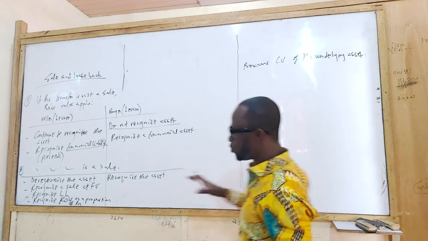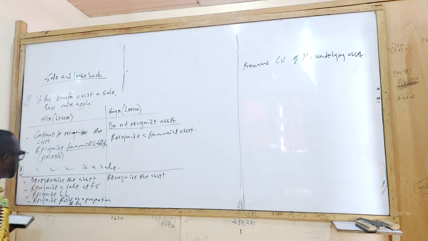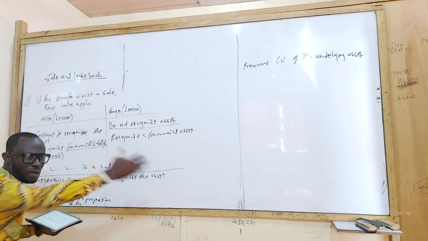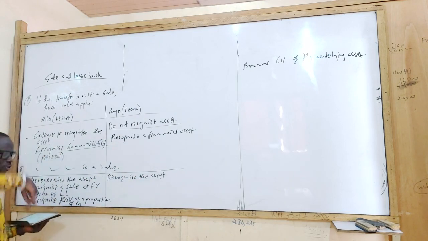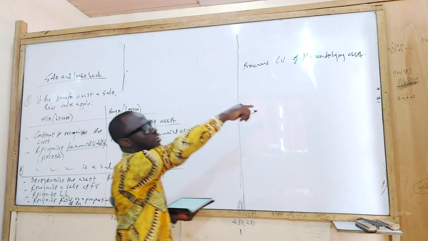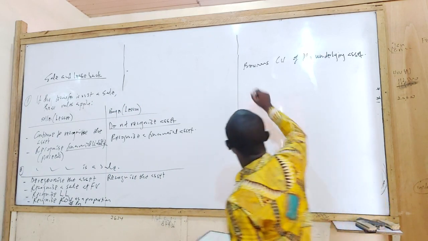This is the workings we'll be doing, and you've got to make sure you get it. Traditionally, we would have just recognized lease liability and recognized what? A right of use. But if it goes into sale and leaseback, and the company sells the assets, then the right of use they will recognize will be the proportion of the previous carrying value of what? The underlying assets that the company has retained.